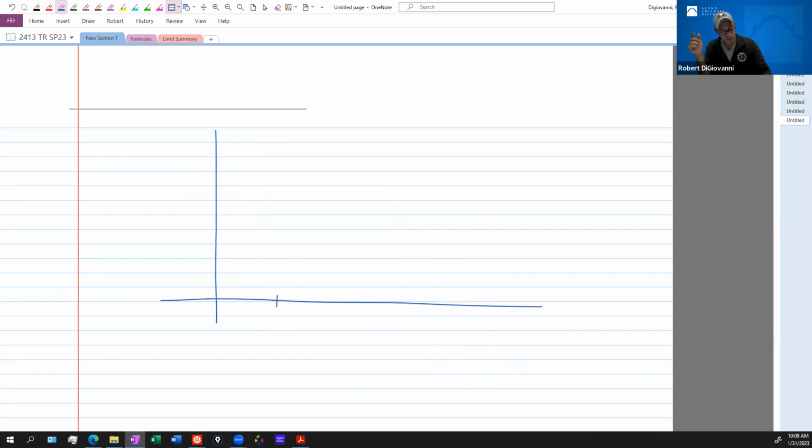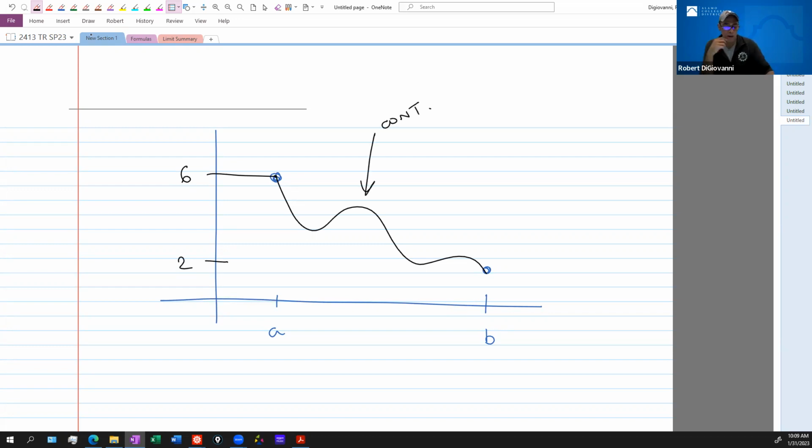Let's say you have a function at A, it's here, at B, it's here, and you draw it without picking up your pencil. That means every value, let's say this is 6, and let's say over here that's 2. What I can tell you is as long as this is a continuous function on that interval, this function is going to eventually at some point hit 2.